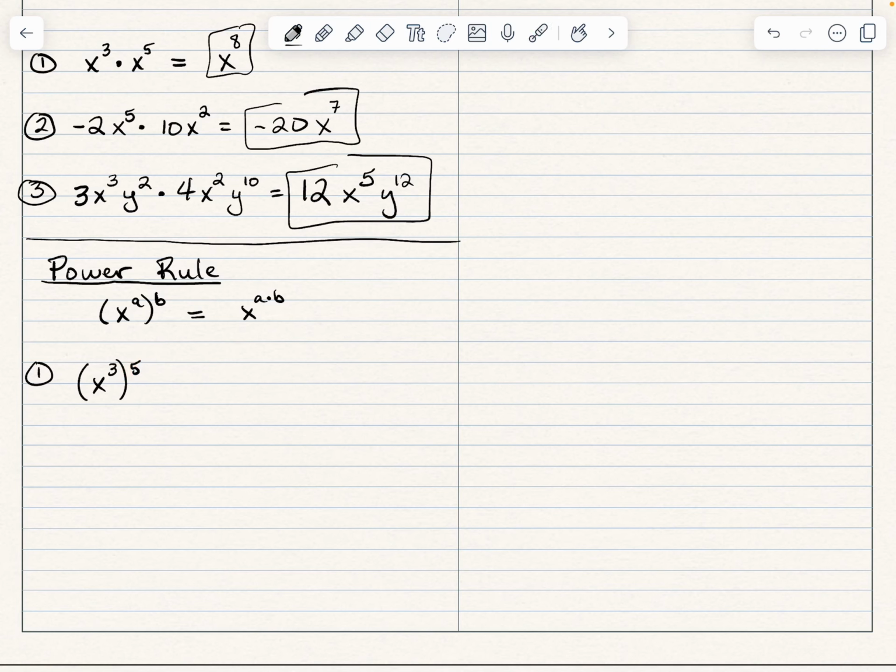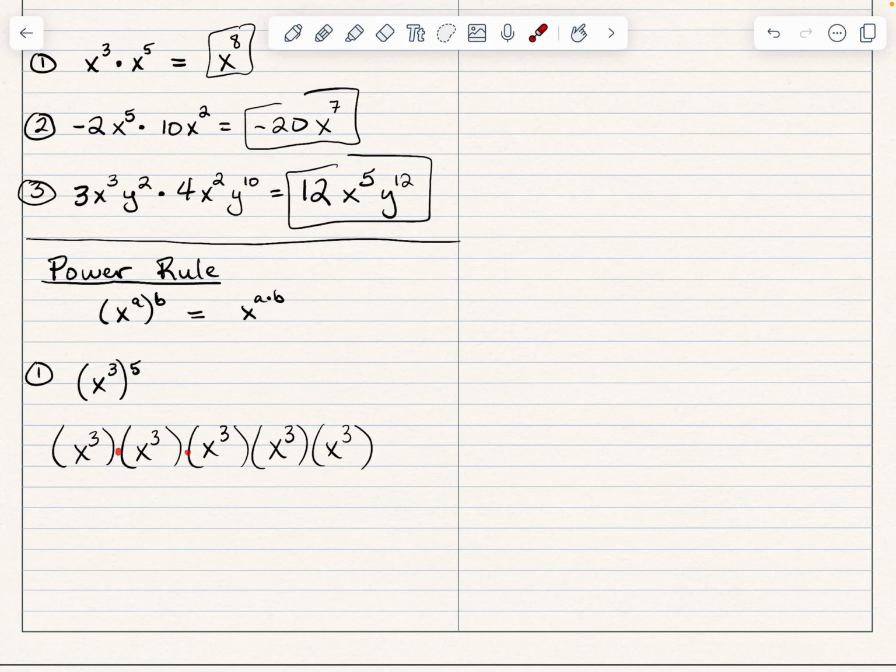So we have to talk about what an exponent means. That 5 right there means that my parentheses is going to be written out 5 different times: 1, 2, 3, 4, 5. Because exponents are just repeated multiplication. So that is x to the third times x to the third times x to the third times x to the third, and we're doing that a total of 5 times.